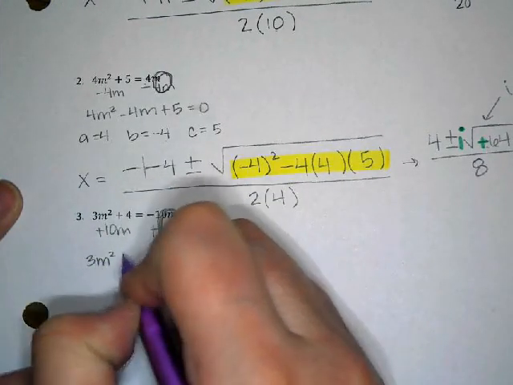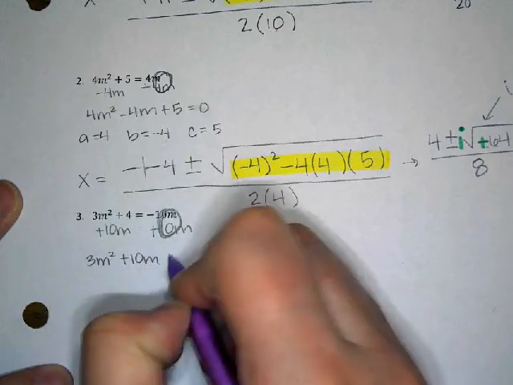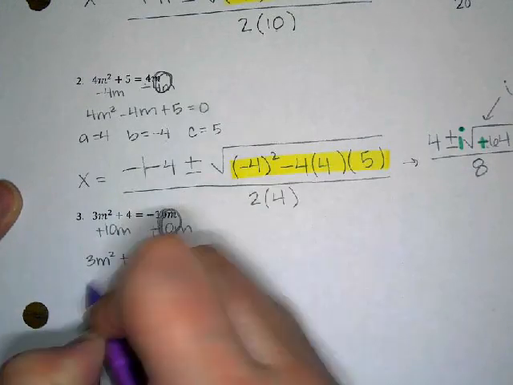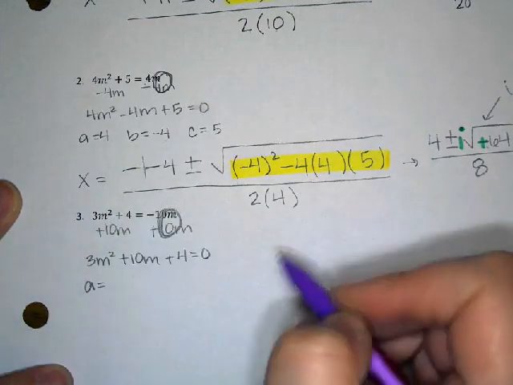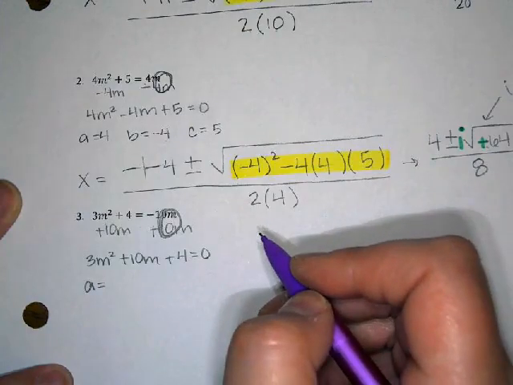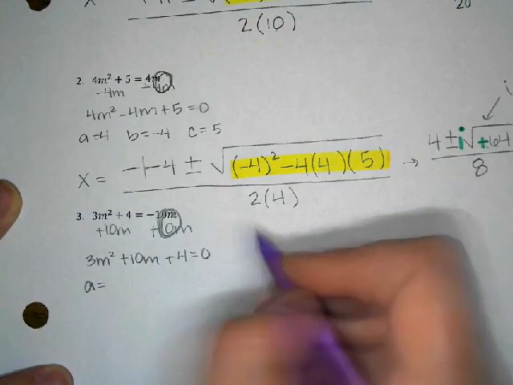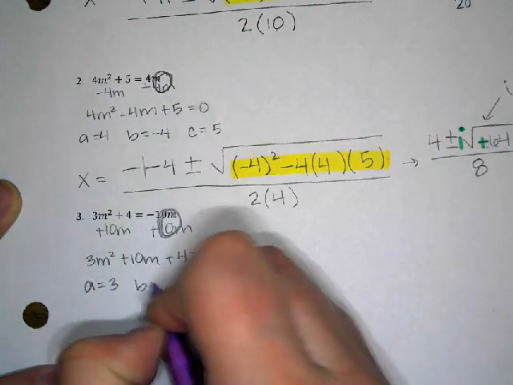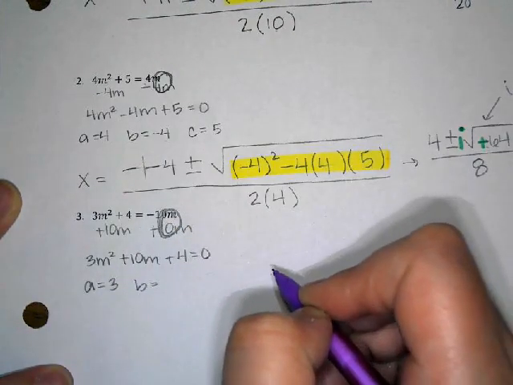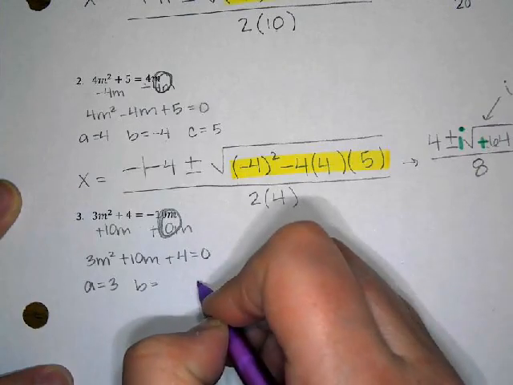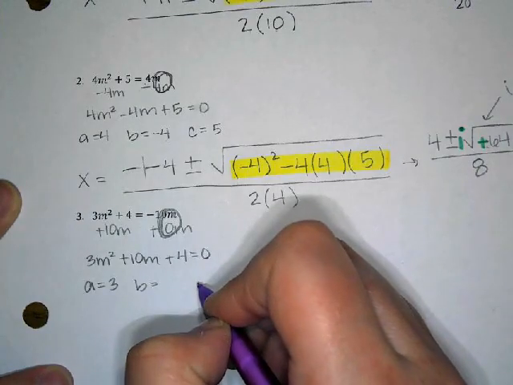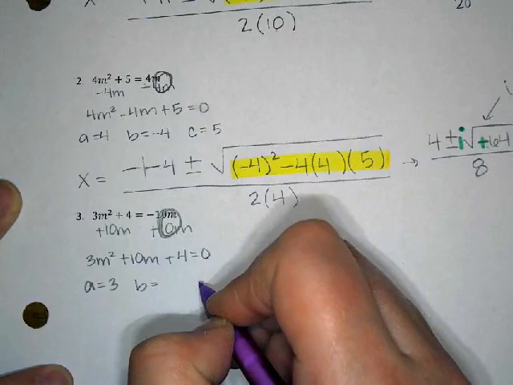My A value is 3. My B value is 10. My C value is 4.